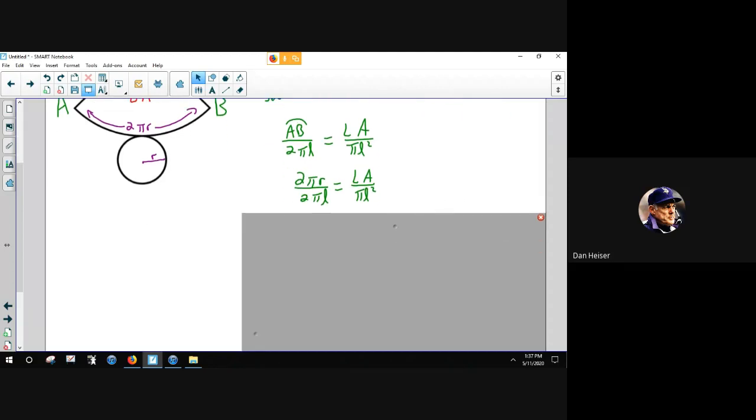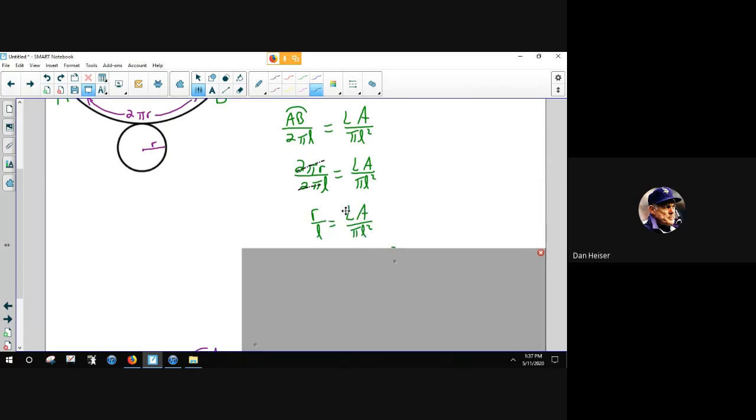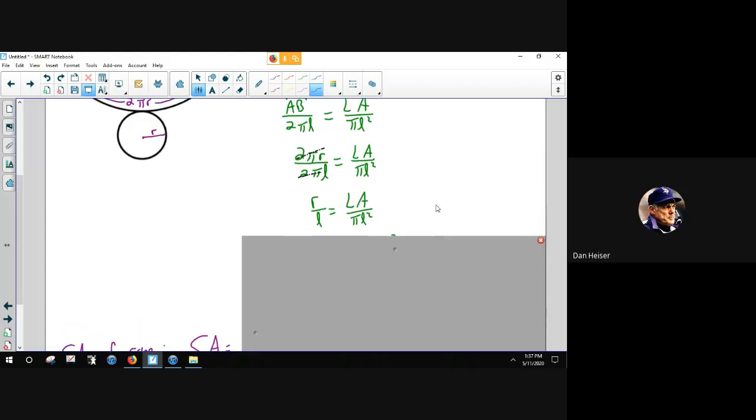You can do a little cancellation there, and we end up with R over L equals lateral area, which is our goal, over pi L squared. Well, let's cross multiply.